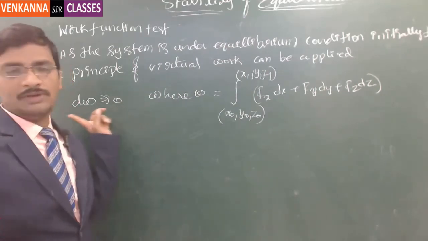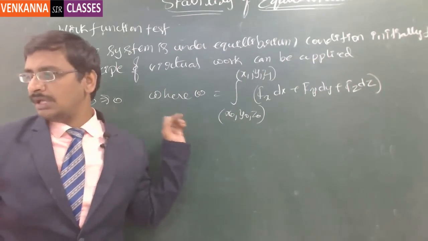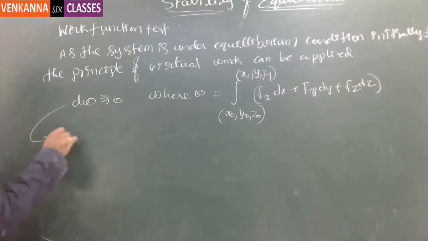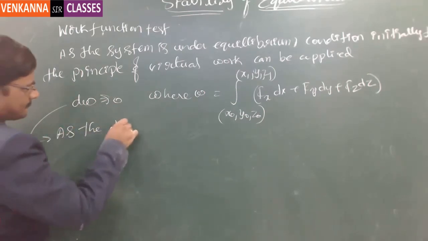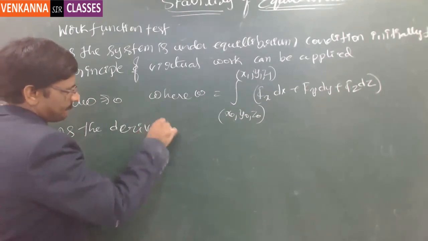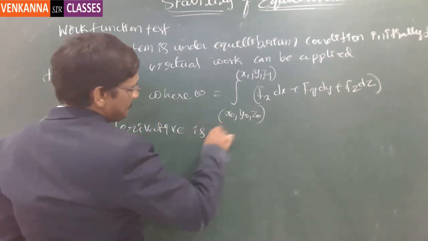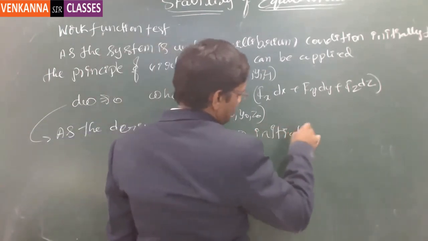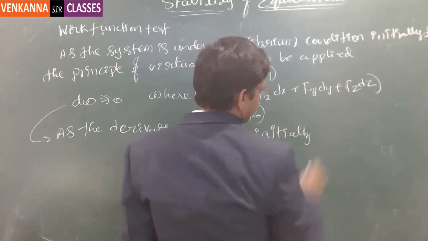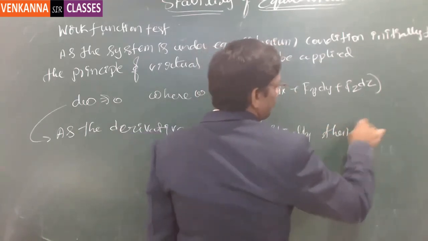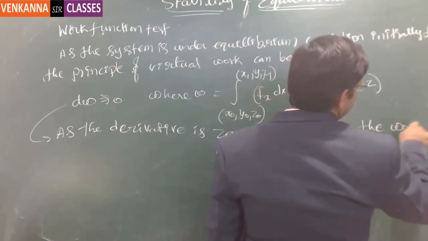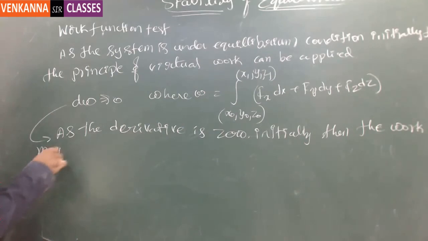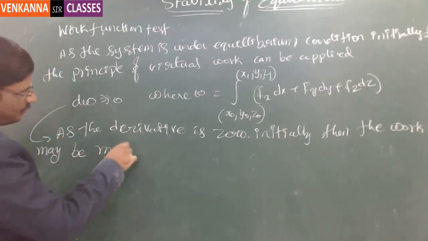So for any variable, y may be a function of x, y, z. If I take the derivative of that function, it is coming out to be 0. So as the derivative is 0, initially, then the work may be maximum or minimum.